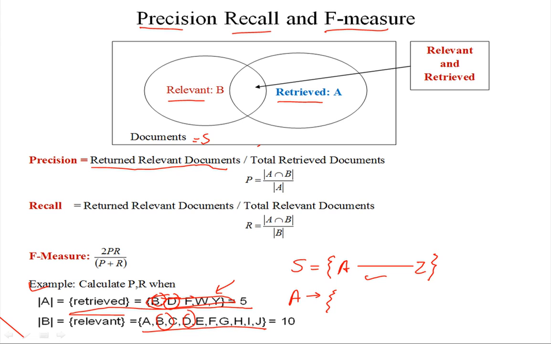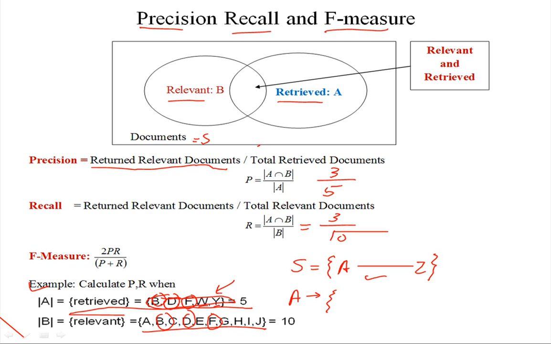We will find that these 3 are matching, and Y and W don't exist in the relevant set. So here A intersection B will be 3, and this will be 5. Here also, divided by B, which is 10.